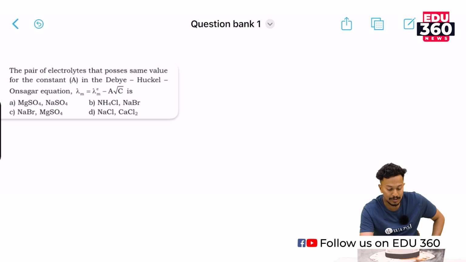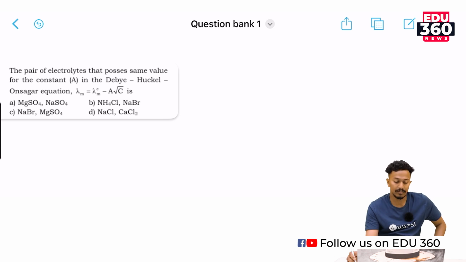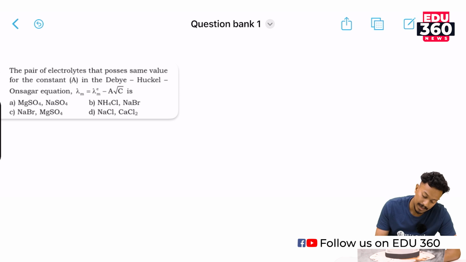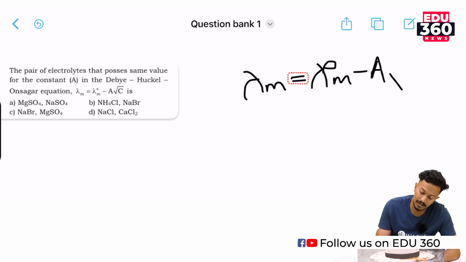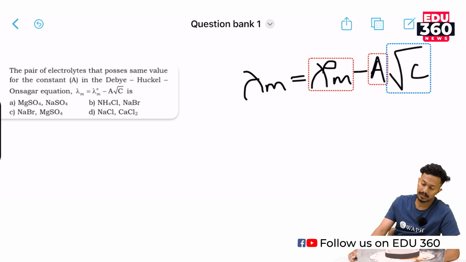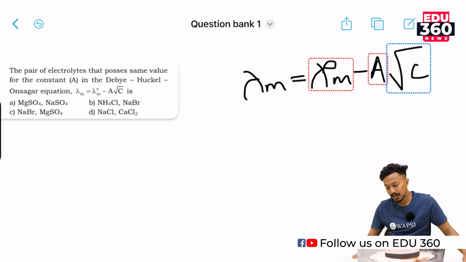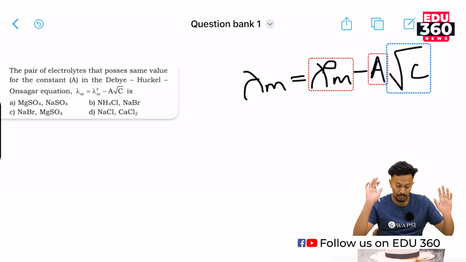The pair of electrolytes that possess the same value for the constant A in the Debye-Huckel-Onsager equation, which is lambda m is equal to lambda naught m minus A root of concentration. Okay, this is the Debye-Huckel-Onsager equation we have studied in electrochemistry. Well, move on to this one.